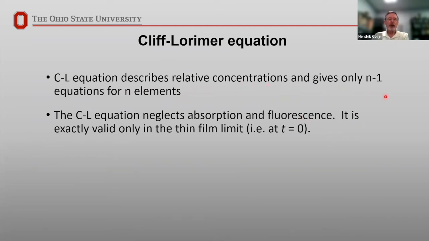Since it's ratios, it gives you only n-1 equations for n elements. So the last equation needed to solve the matrix is that the sum of your concentrations equals 1.